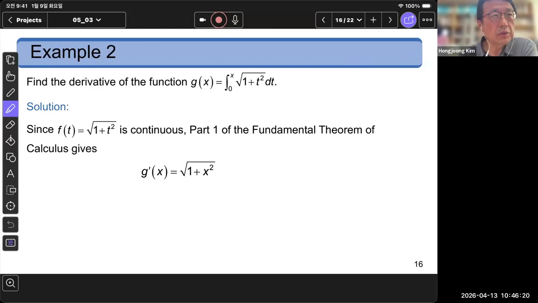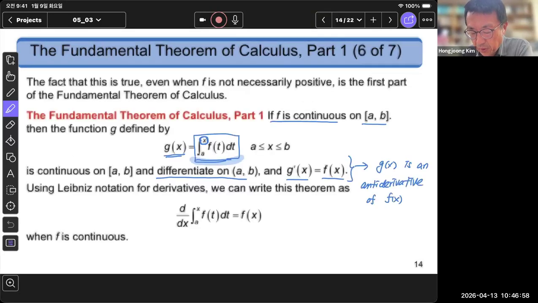So, you can read the first example or the previous slide yourself. I'm not going to consider those slides. Those are trivial, so please read them. So find the derivative of this function g. If that is my g, this is integrating the square root of 1 plus t squared, from 0 to x. So what does the fundamental theorem part 1 say? Its derivative is the integrand function.